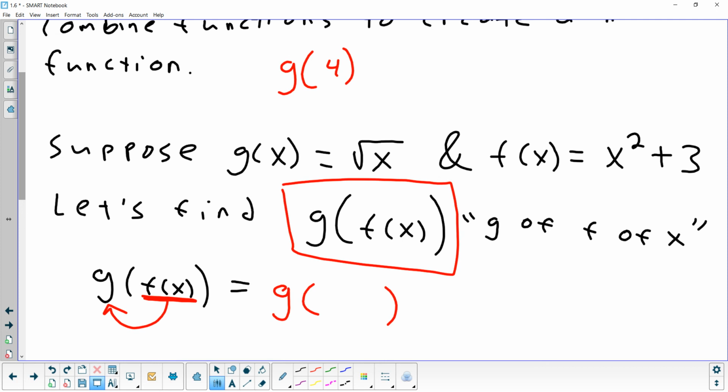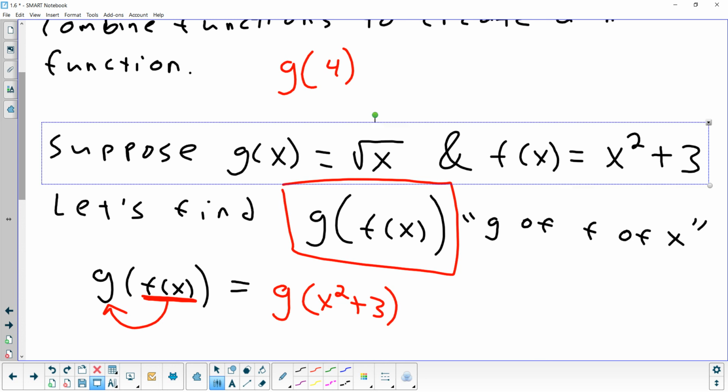G of x squared plus 3. That's what g of f of x means. So look at function g, and everywhere that you have a variable in function g, replace that variable.